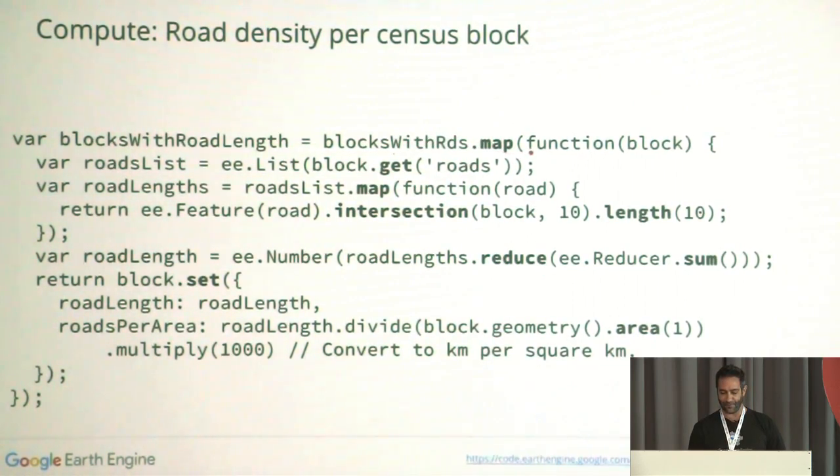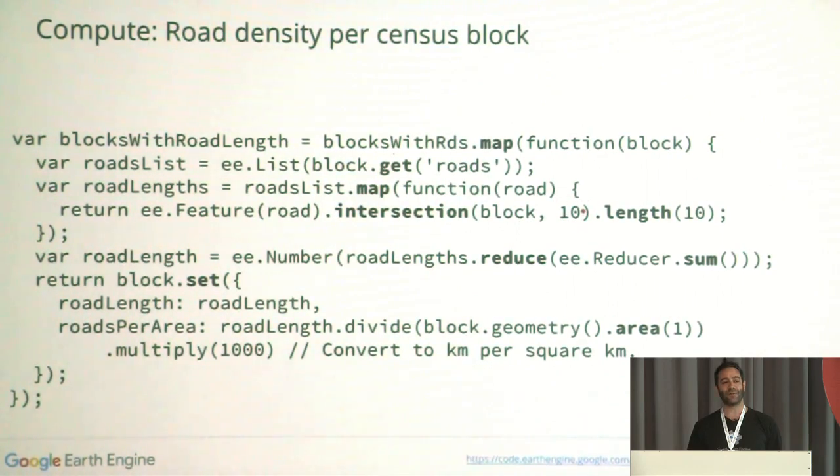Map a function over this, so it's going to be a function of the block. Here's this list of roads. Recall this is the name that I gave it in the ee.Join.saveAll.apply function. So here's the name of the roads list. And what we're going to do is map a function over this roads list such that we're going to compute the intersection of the road with the block.